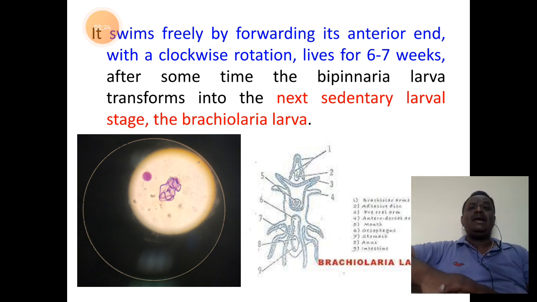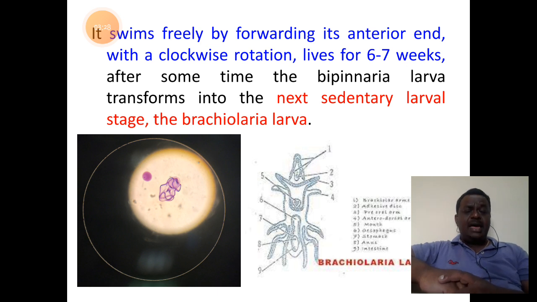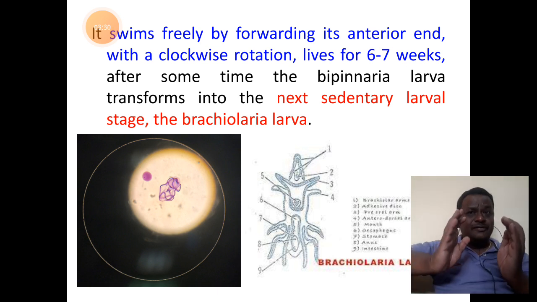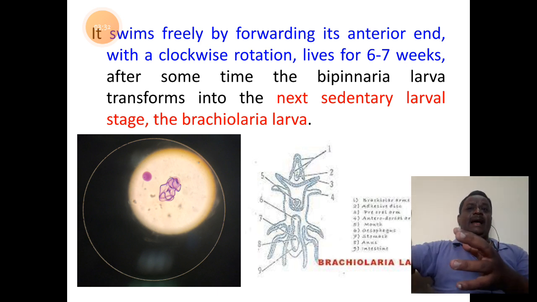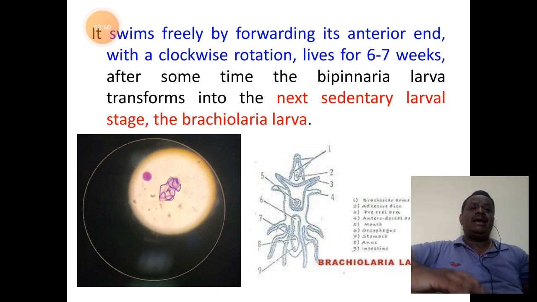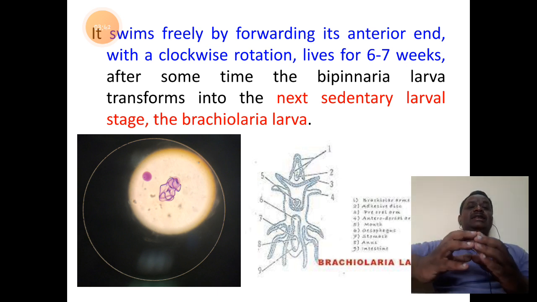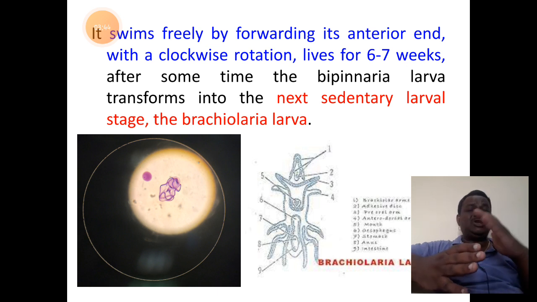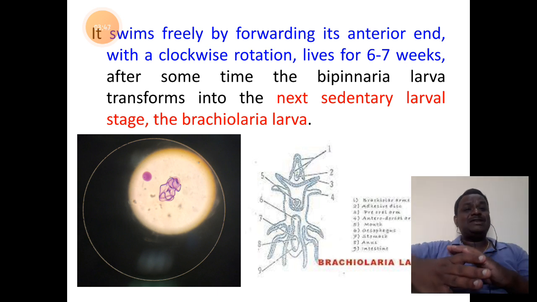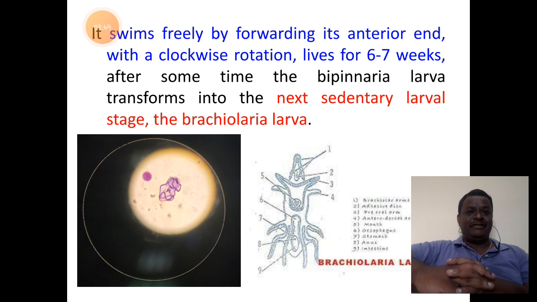Students, remember, this is the larval stage where after 5 to 7 weeks, the Bipinnaria will enter into the stage of Brachiolaria larva. How is this Brachiolaria larva formed? It is formed from the Bipinnaria larva.